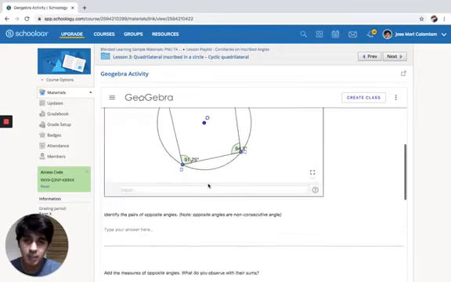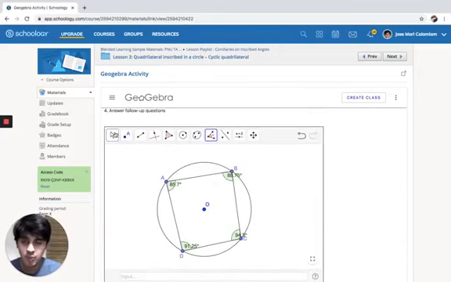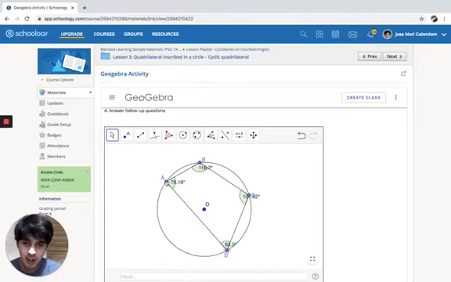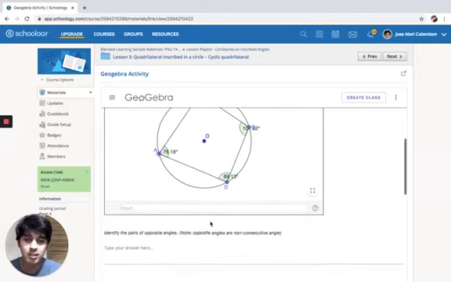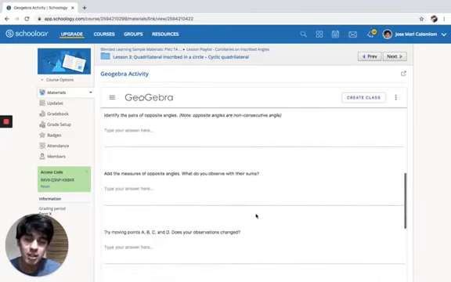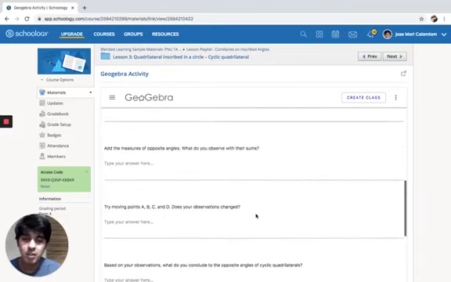Okay, and then if they try to move the points and again add the opposite angles, they will still realize that the sum will still be 180 degrees.